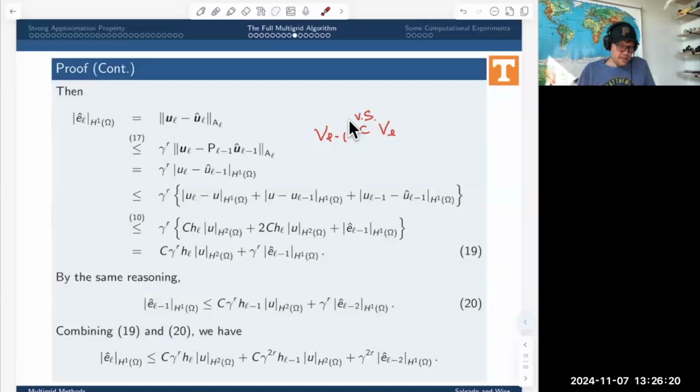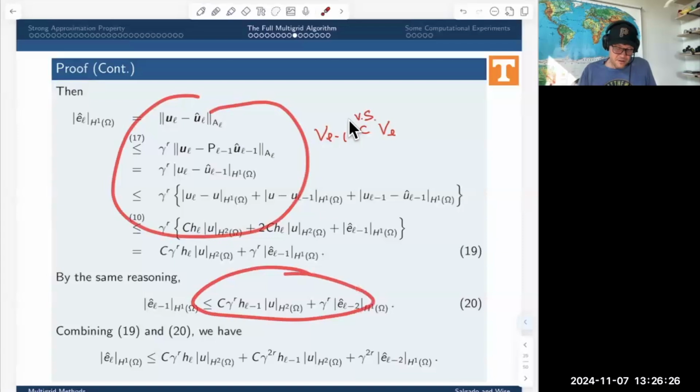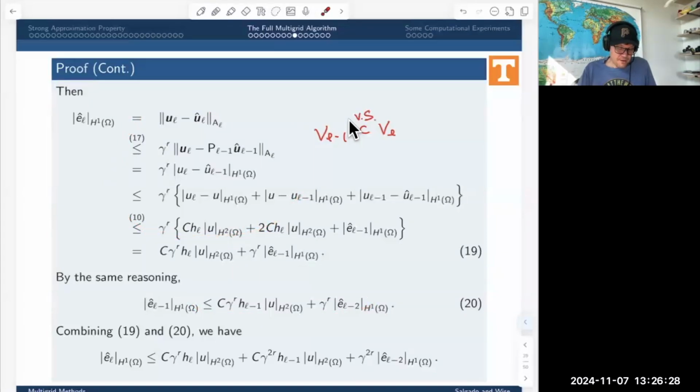So now let's combine 19 and 20 together. 19 is this guy here, 20 is this. Same reasoning to get both of those. What we're going to do is substitute this right into that term there. If we do that, we get this term that comes from here. And now we're going to apply this to that and that.